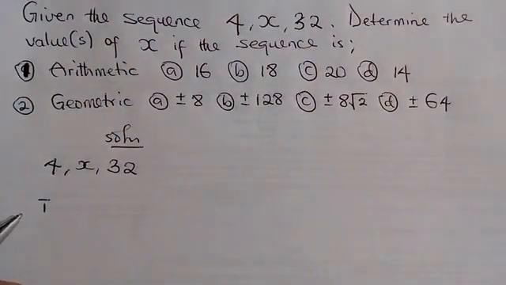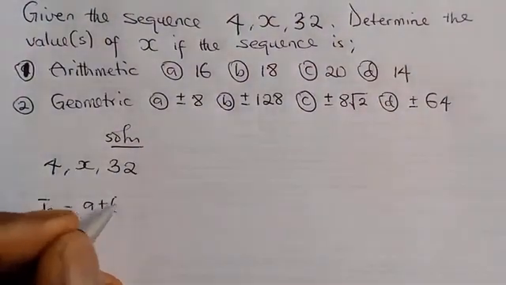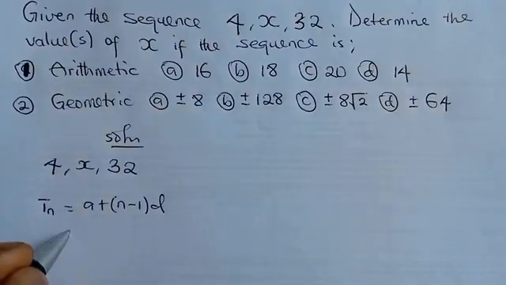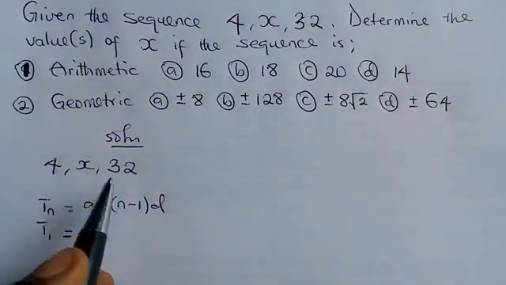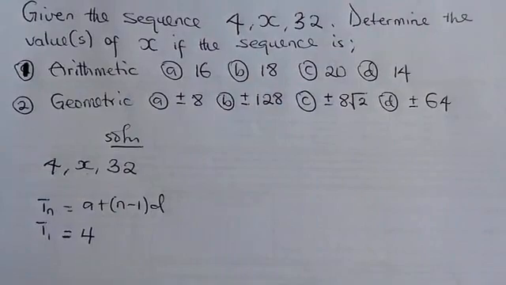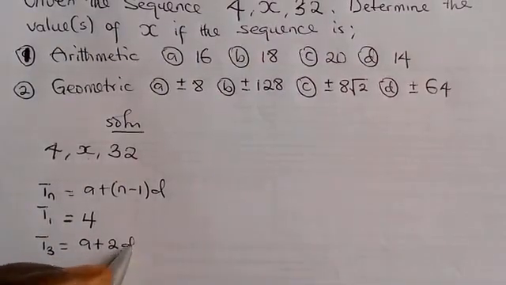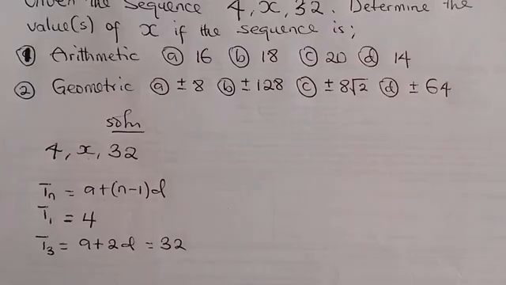using the formula for calculating the nth term of an arithmetic progression, Tn is equal to A plus n minus 1 multiplied by D. For the first term, we have T1 equal to 4. This is T2, this is T3. So it means that T3, which is A plus 2D, is equal to 32.